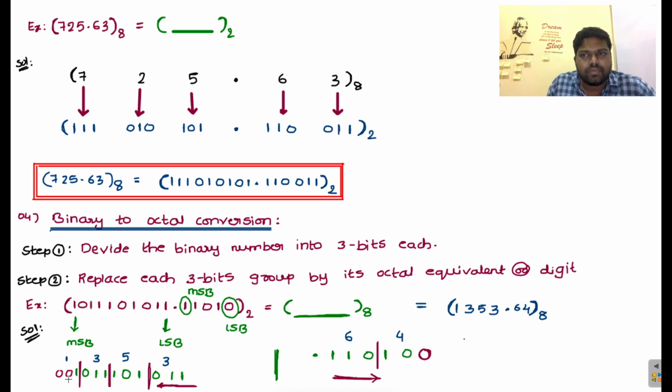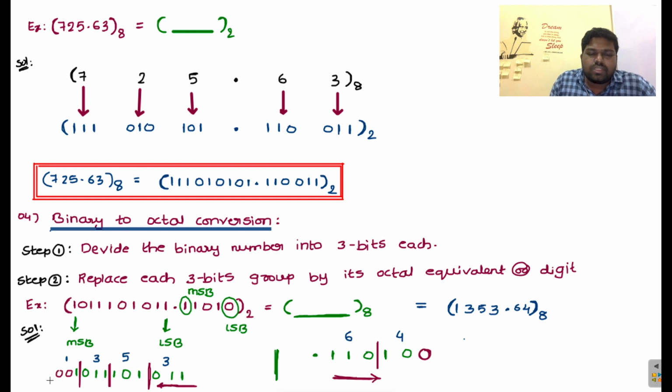So in that situation, our step 1 is what? Divide the binary number into 3 bits each. But in the last case we have only one bit. In that case you have to add 2 more zeros in its leftmost position. Adding these two zeros is called the padding method, which we will discuss at a later stage.